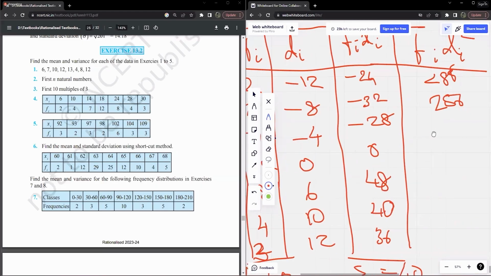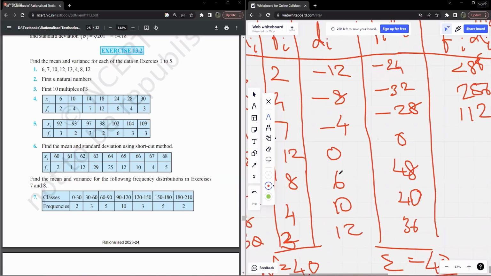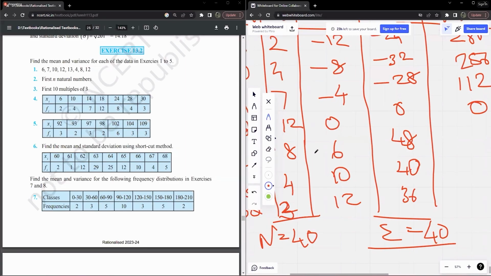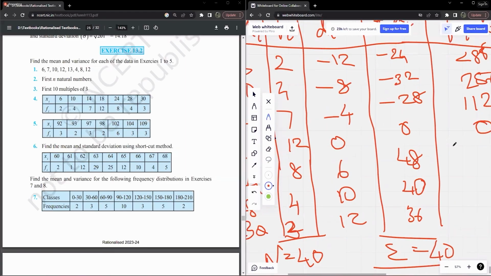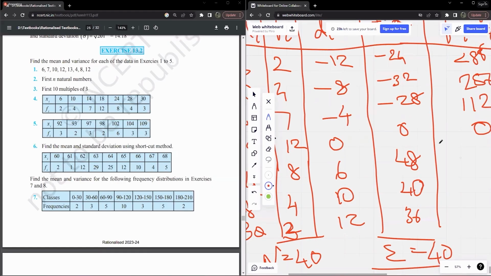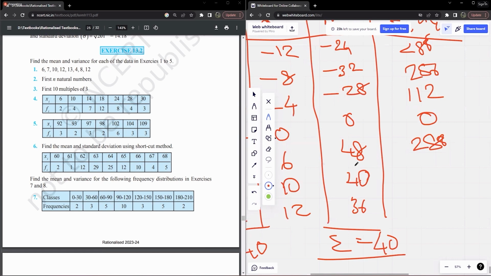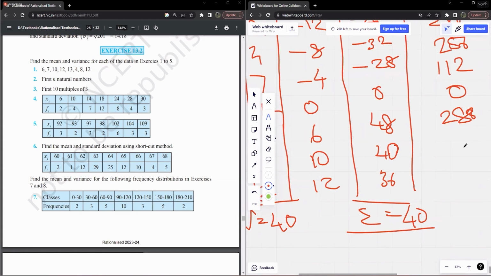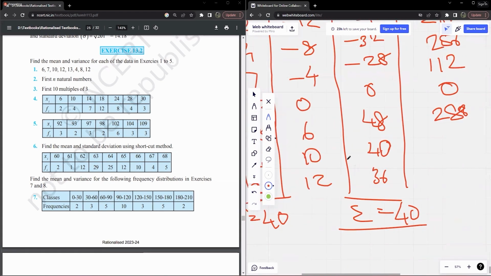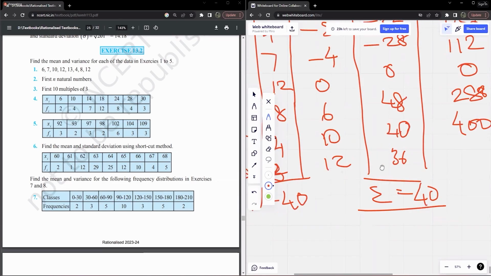This will be a 0. This is 6 square, which is 36 times 8. Right? 36 into 8, which is 288 again. Right? Then this is 100 times 4, which is basically 400. Lastly, this is 144 into 3.